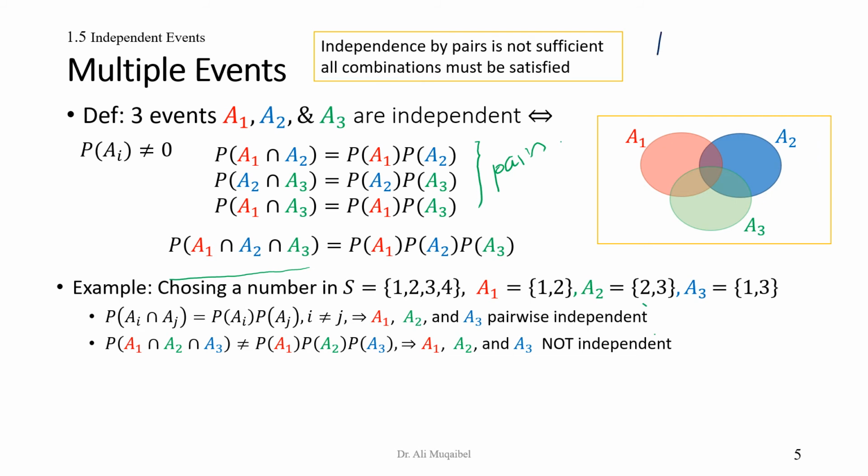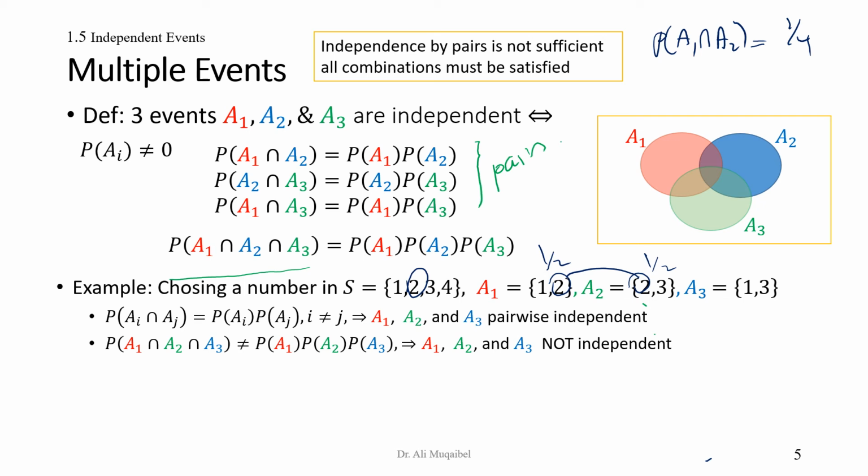So we have only one choice, 1 out of 4. Now, does it equal the individual multiplication? Yes, because this is 1/2 and 1/2. If you multiply them, you also get 1/4. So if you try all of them, you get that they are independent.